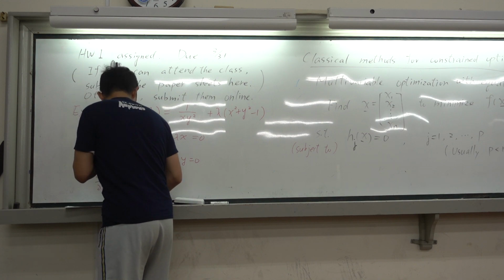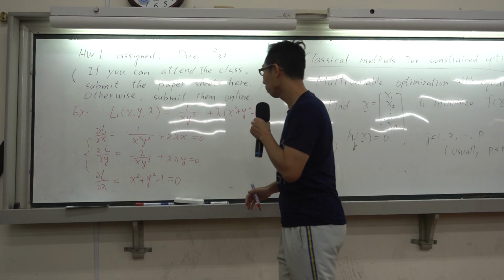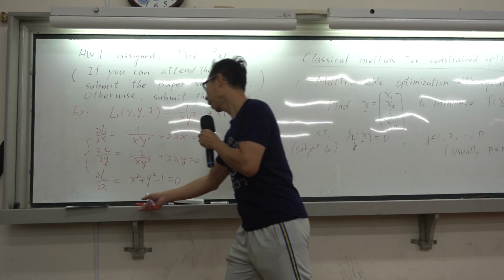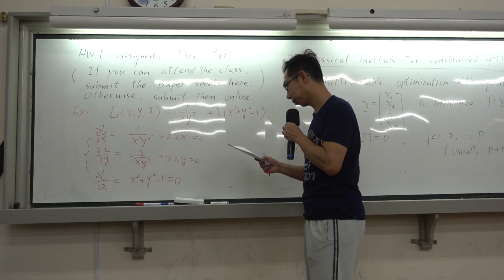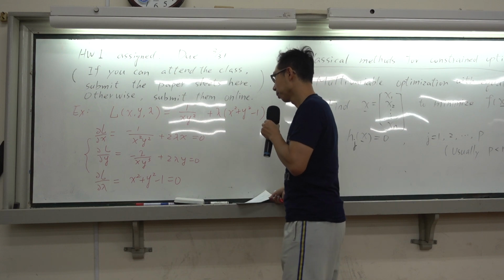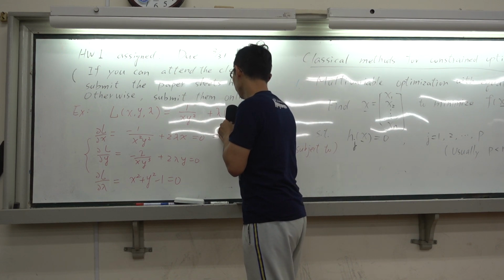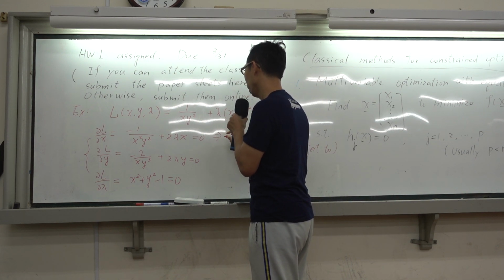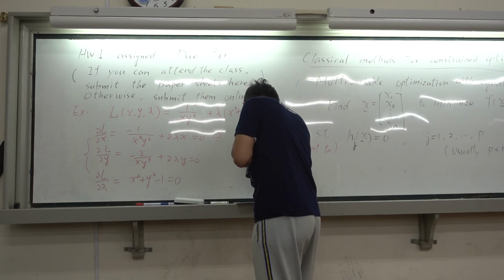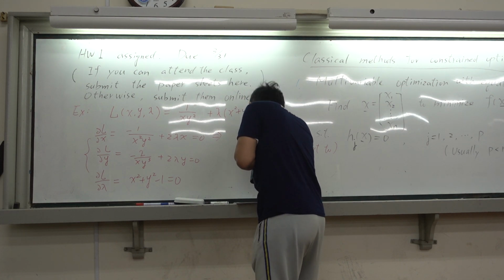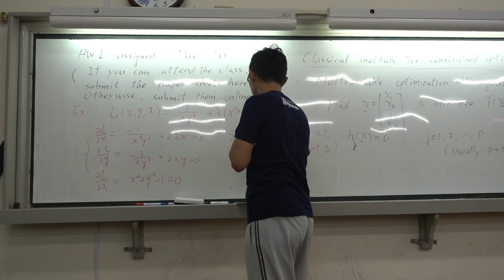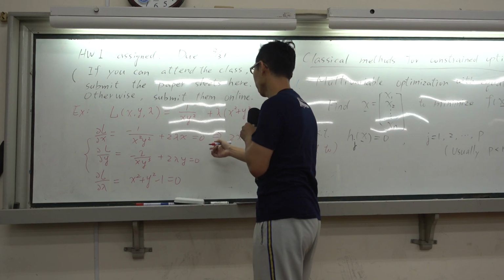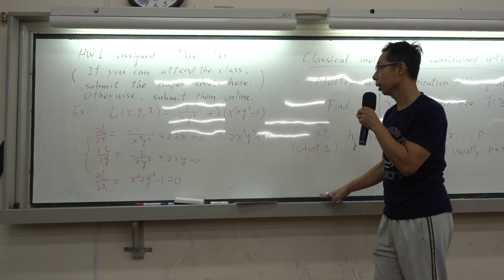How can we solve this? Do I have to solve this for you guys? I solved it at home, so let me quickly do this. It becomes 2 x cubed y squared lambda equals 1. That's the first equation.